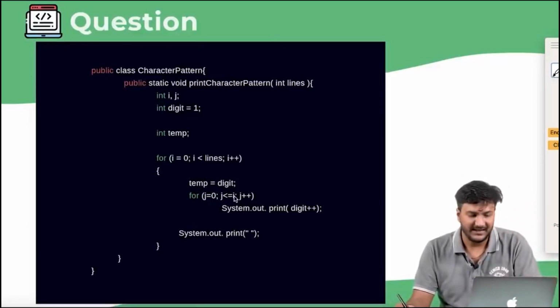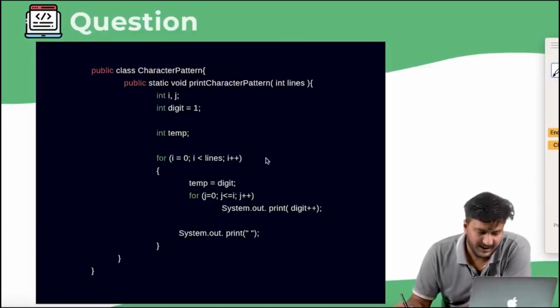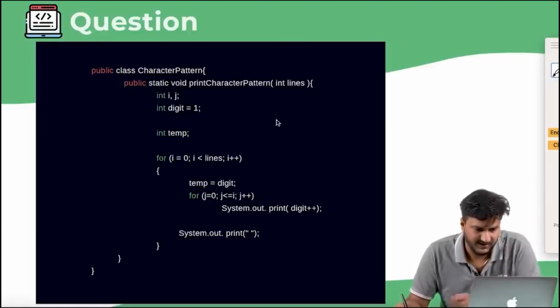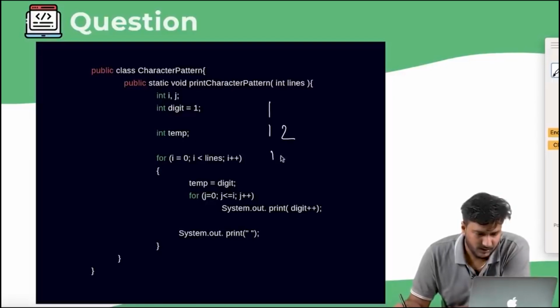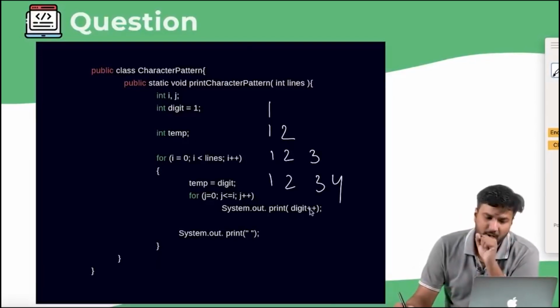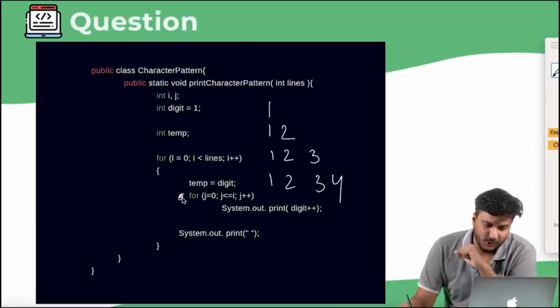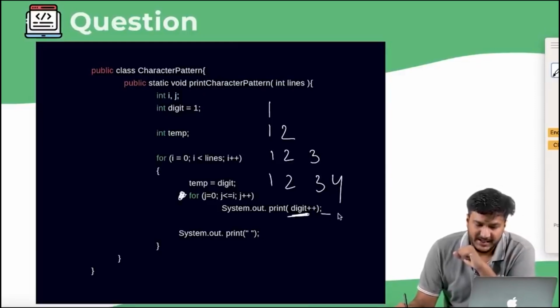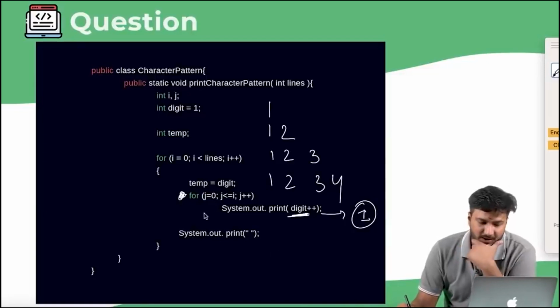Now, the next thing, if you look a little closely: we want 1, 1 2, 1 2 3, 1 2 3 4. Every time my second for loop runs, the digit that would be printed should be reassigned back to 1. But in this case, what is happening? When we run this loop first, 1 will get printed.